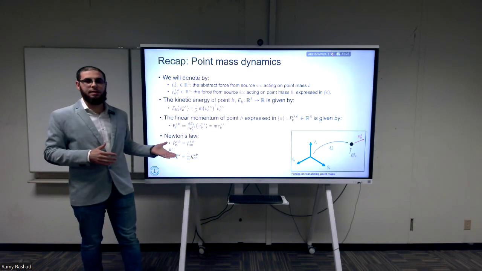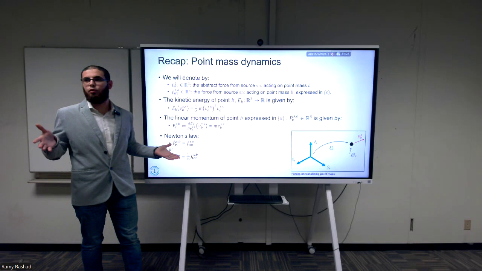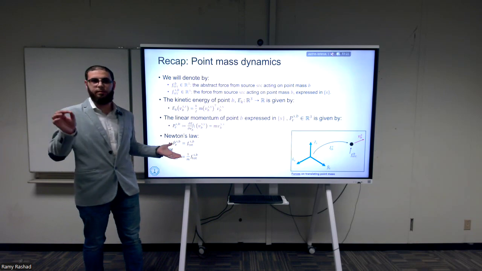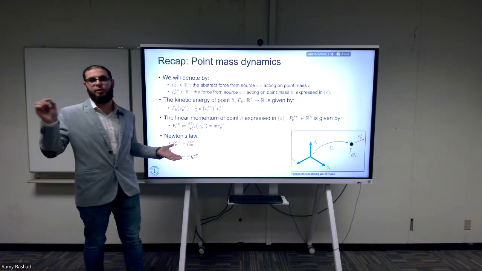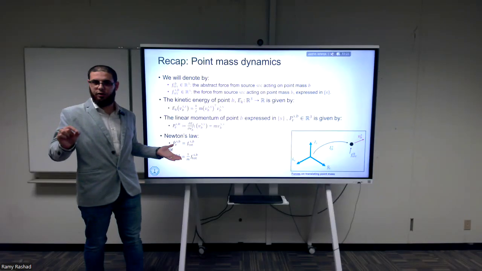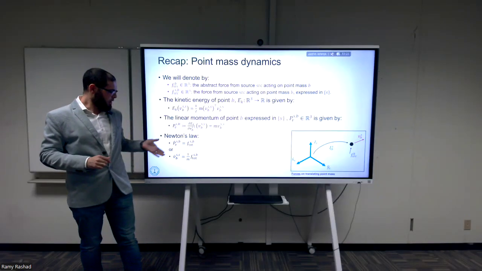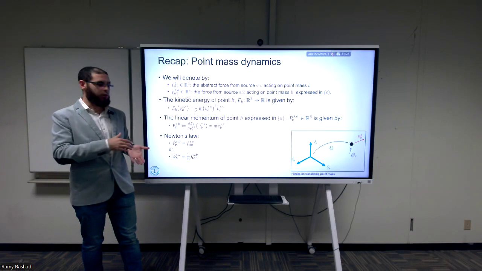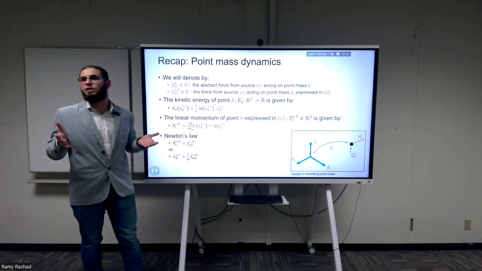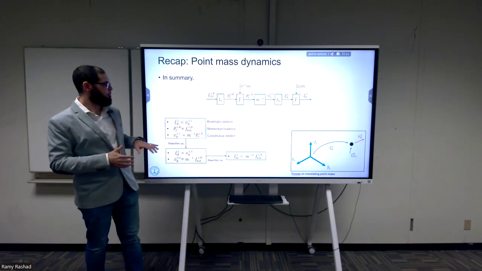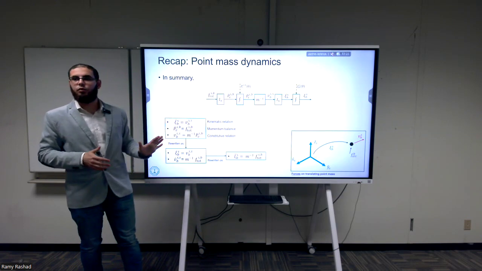And Newton's law is simply that the rate of change of momentum is equal to the total forces applied on this point mass, under the condition that you're expressing everything in a stationary frame, a frame that's not moving. Then you reach the equation that you're all familiar with: acceleration is equal to force divided by mass.